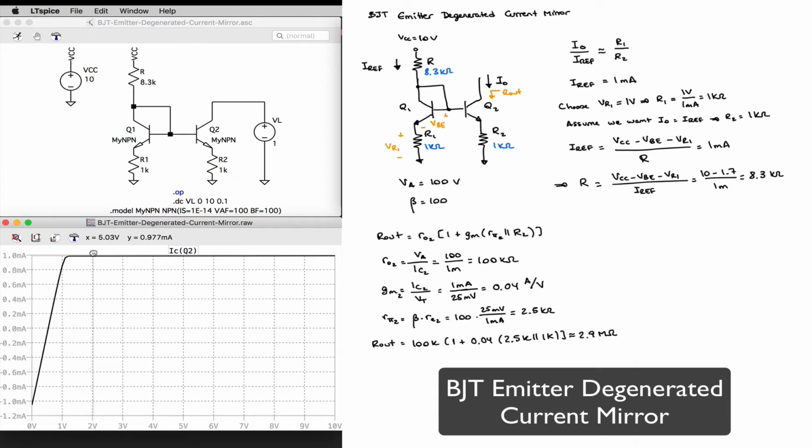Right around 2. Close enough. Okay, let's make this guy down to 2. Oh, now it's picking it. Okay, so 10 volts, close enough.